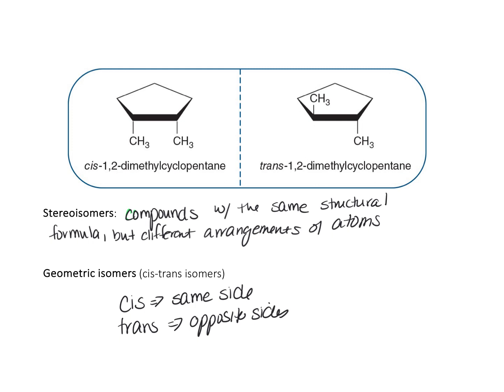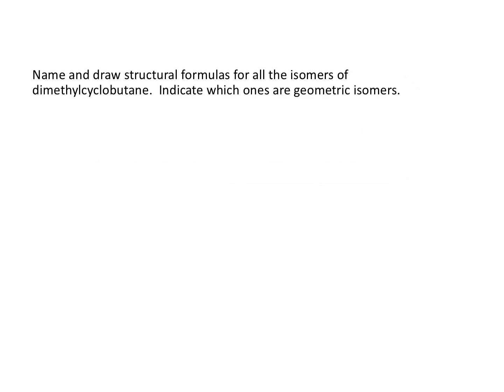Now, let's look at an example like you would see a question for example in the homework. So we need to name and draw the structural formulas for all the isomers of dimethylcyclobutane. Indicate which ones are geometric isomers. So when we think about dimethylcyclobutane, and if I was to draw this in the same fashion, where I'm saying, hey, look, this is coming out towards us right here, okay?